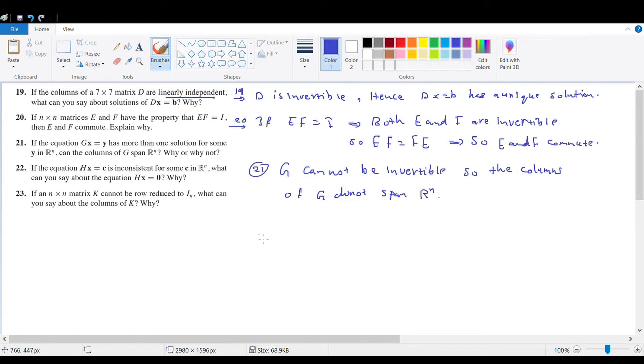Now for 22, if the equation Hx equals C is inconsistent, that means the system is inconsistent, there is no solution for some C in Rn.